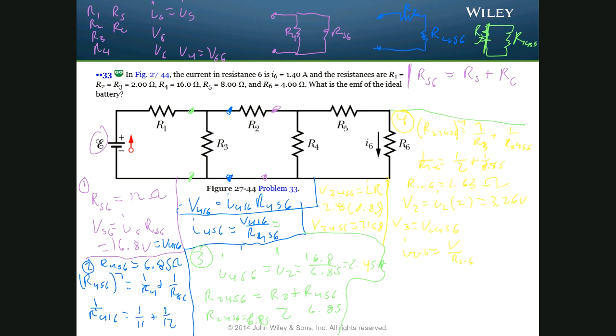And so this will be equal to the voltage that we have.